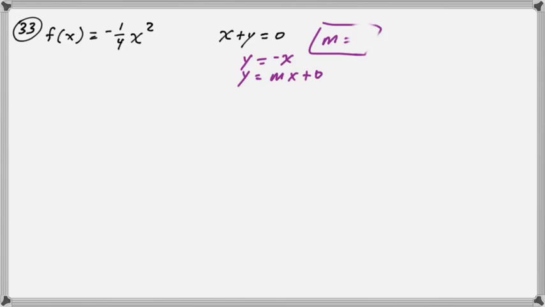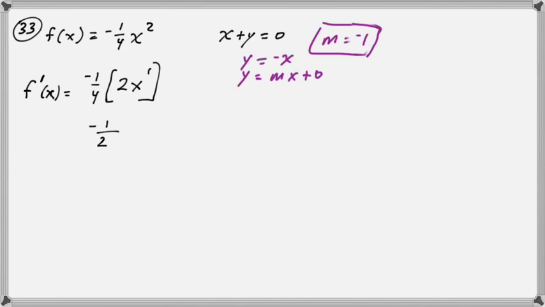So if the slope is negative 1, and I was to take my derivative over here, which would be called f prime of x, you keep the negative 1/4 out as a constant, power base, 1 less power, 2/4 is 1/2, so you get negative 1/2 x, right? Negative 1/2 x.